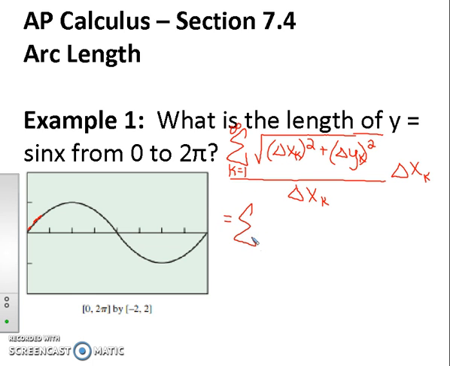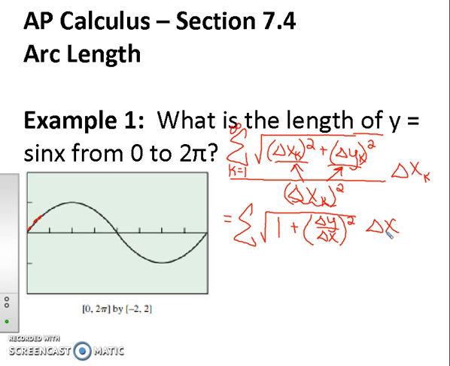This would become the sum of, if I try to take this change in x sub k and put it back under the radical, I would need to square it and then put it underneath both of these. In doing that, my first fraction would be change in x squared over change in x squared. So that would just be 1. And then my second fraction would be change in y squared over change in x squared, or change in y over change in x, quantity squared.